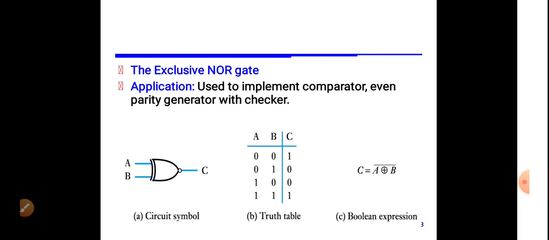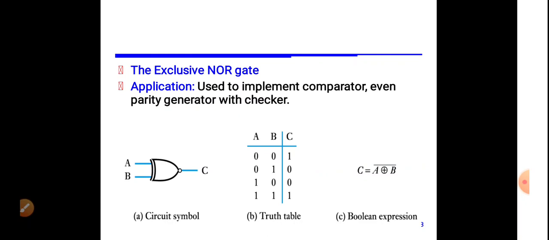The next and the last type of gate is the exclusive NOR gate. Here NOR itself indicates the complement of the XOR gate, which is the XNOR gate. If we observe the symbolic representation of this XNOR gate, it has the same thing as that of the XOR.